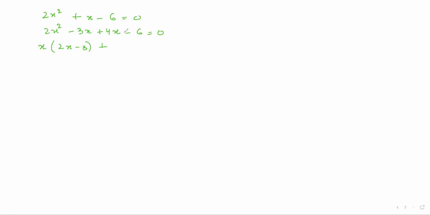Then from here you can take only 2 common, so you have 2x minus 3. Now you can take 2x minus 3 common, and you get x plus 2. Same factors you are getting, Martin. This one will give you x is equal to 3 by 2, and this one will give you x is equal to minus 2. So it doesn't matter; you can write this first and that second, and the answer will remain the same.